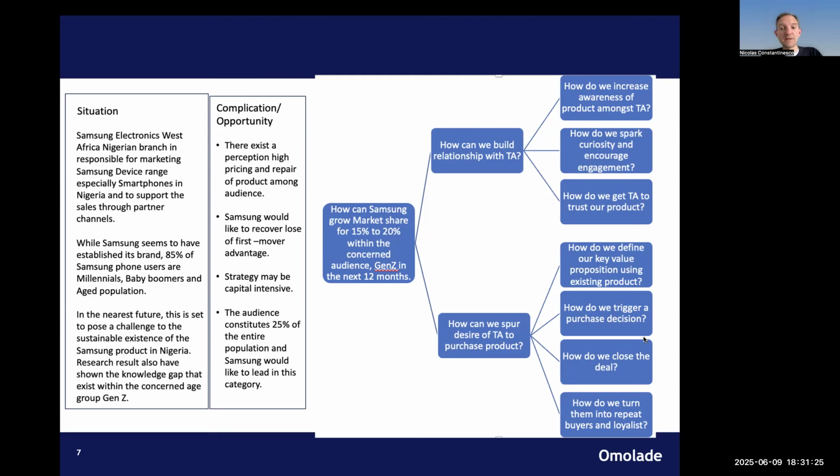And then the second big part that's missing is, how do you get people to actually switch brands? How do you get them to switch from whatever brand they're currently with to Samsung? Because there's always some kind of switching cost when you change from one product to another. It's not enough to want a Samsung.